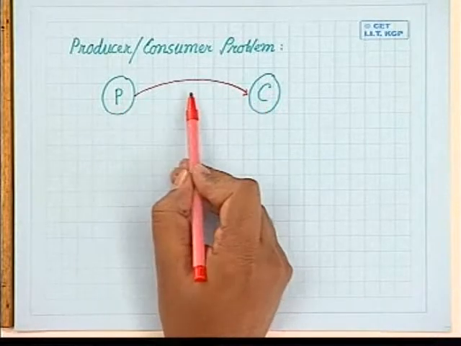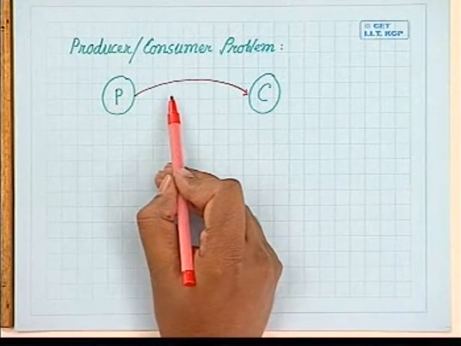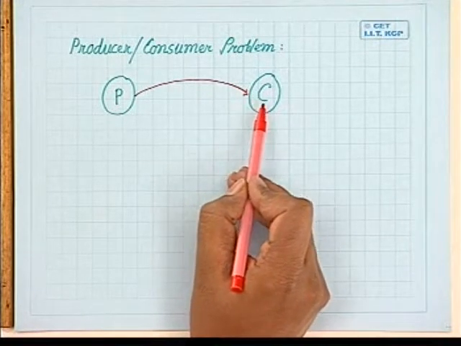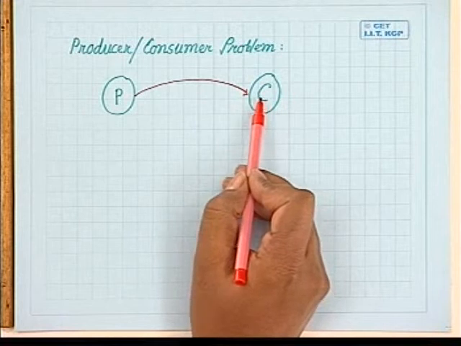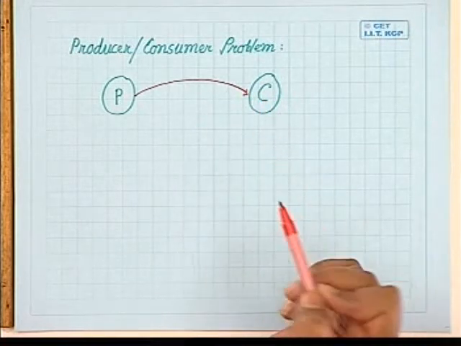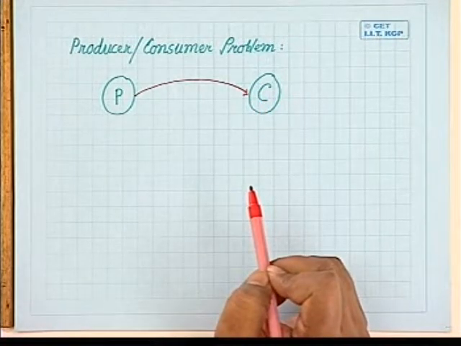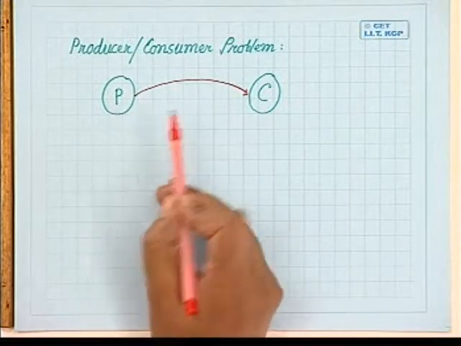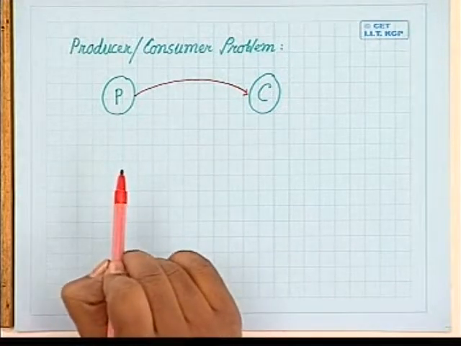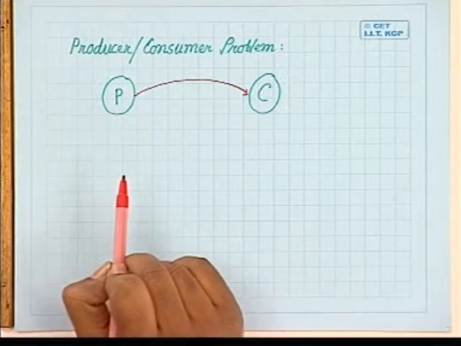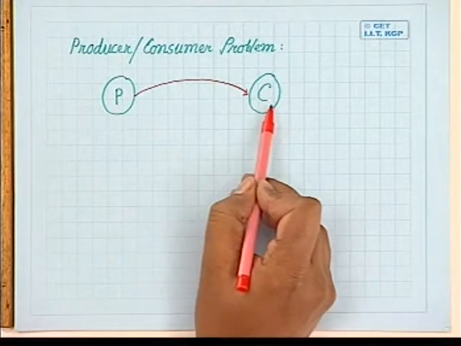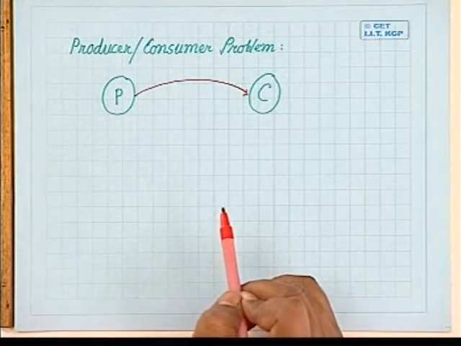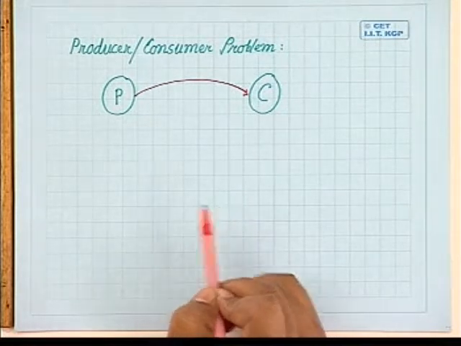The computer is producing the items or characters, sending them to the printer, which is a consumer. And the printer consumes the items in the form of giving you the final output. Now, if the rate at which the computer can send the characters is the same rate at which the printer can print them, then I don't have any problem. But usually that is not the case.